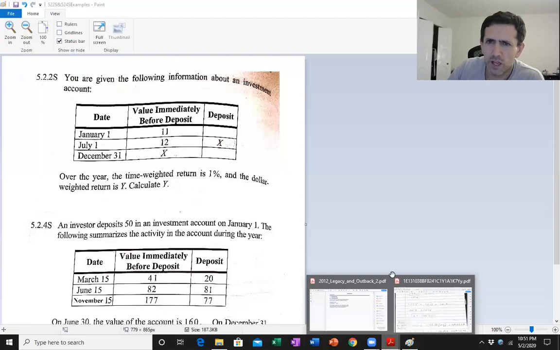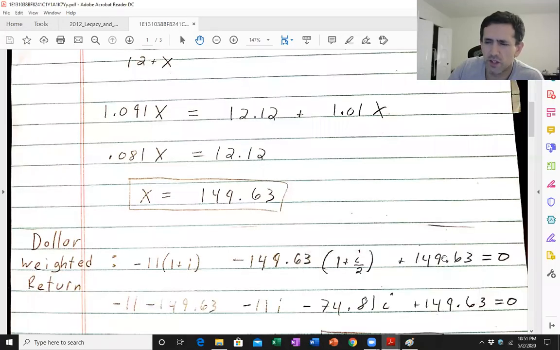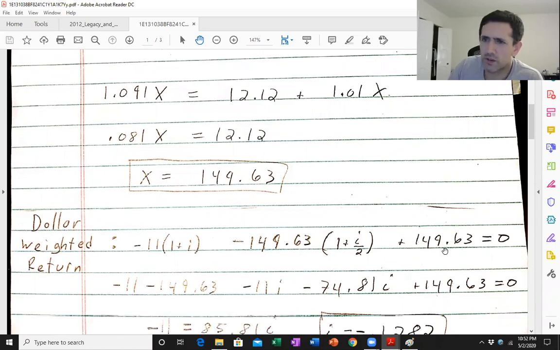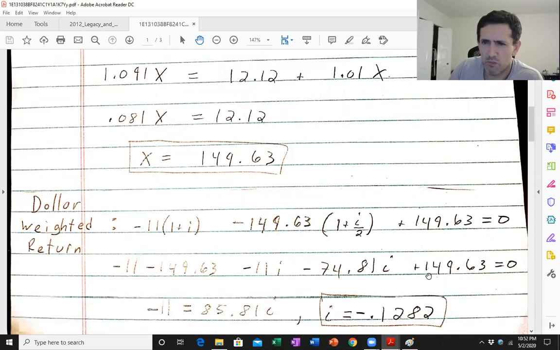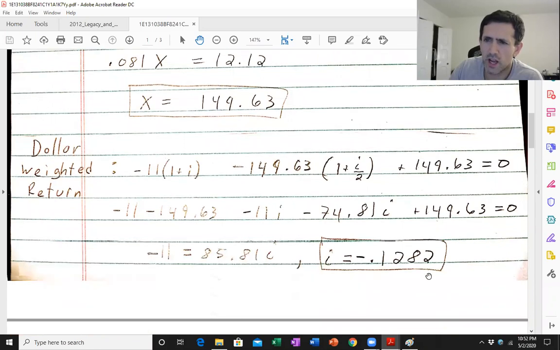Okay, and then we have X as what we have in the account at the end of the 1 year. So you just do some algebra and you'll get that I is minus 0.1282, minus 12.82%.